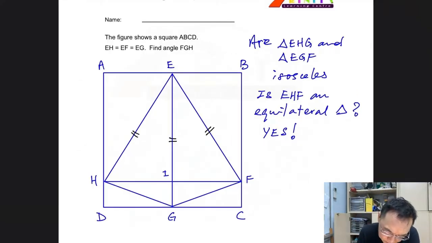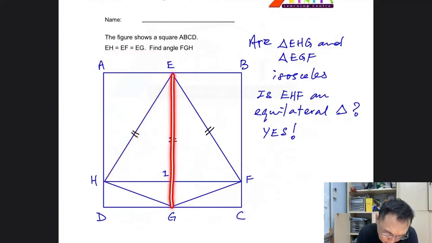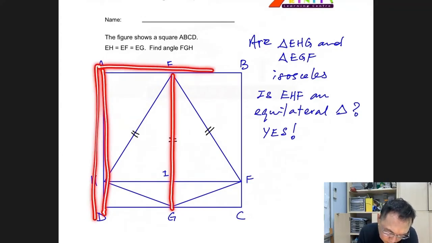Watch, I know that this is equal to this because they already said it over here. And I know that this is equal to this. I also know that this is equal to this because it's a square.